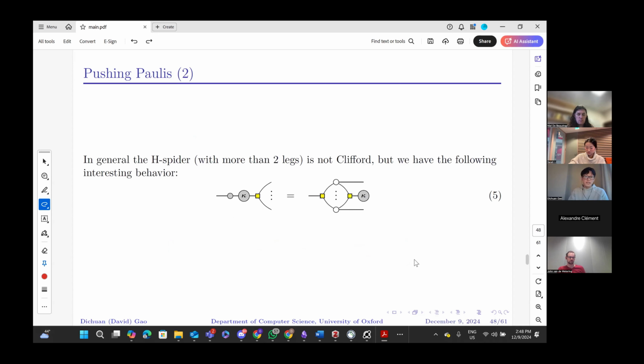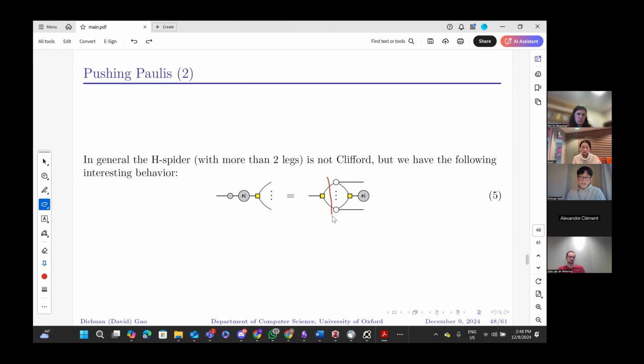However, in a special case where you have an X Pauli next to a many-legged H spider, that is actually the same as having this on the right-hand side, this kind of generalized phase gadget attached to all of the other legs of your H spider.